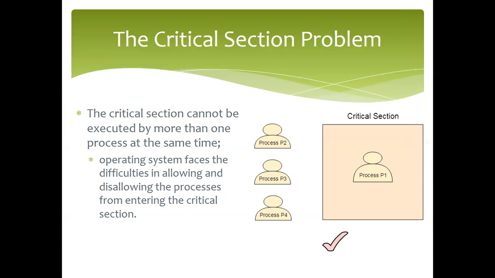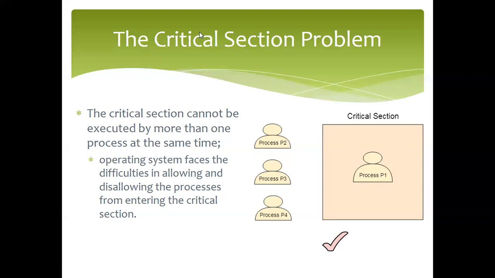What does it mean to enter at the same time? It means that if more than one process is trying to use the critical section at the same time, they are trying to use the shared memory at the same time. And this will cause a race condition, which we don't want. So we have to develop a mechanism to avoid this.